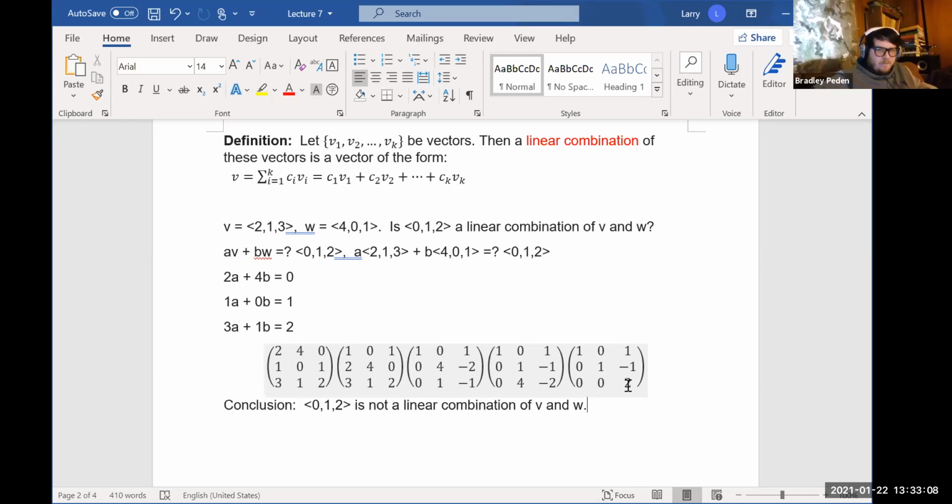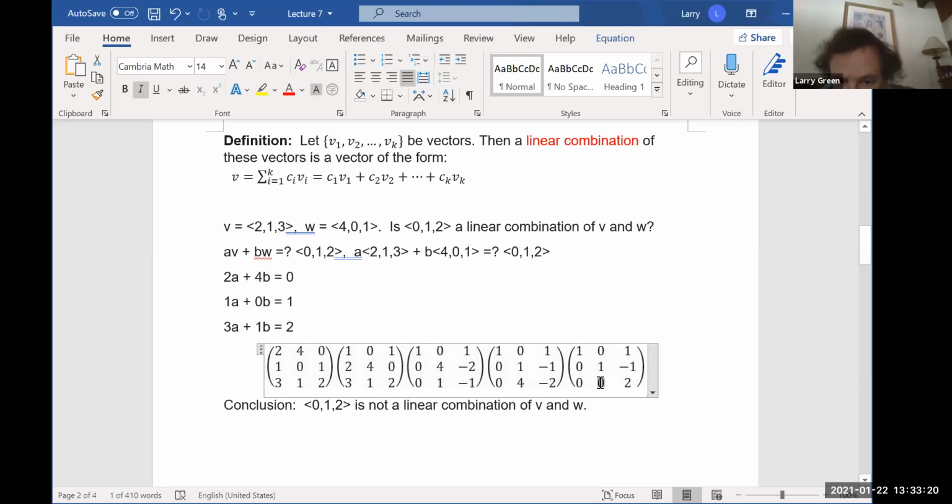Otherwise it can't work. Because if you don't have a row of zeros, when you REF, these two here and here will be 0. So if the third's not 0, then you have 0 equals something not 0. Does that make sense?